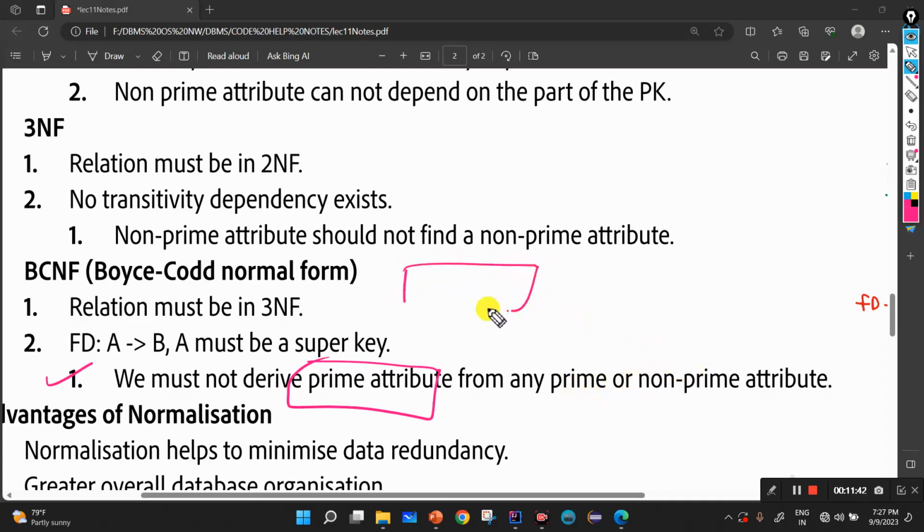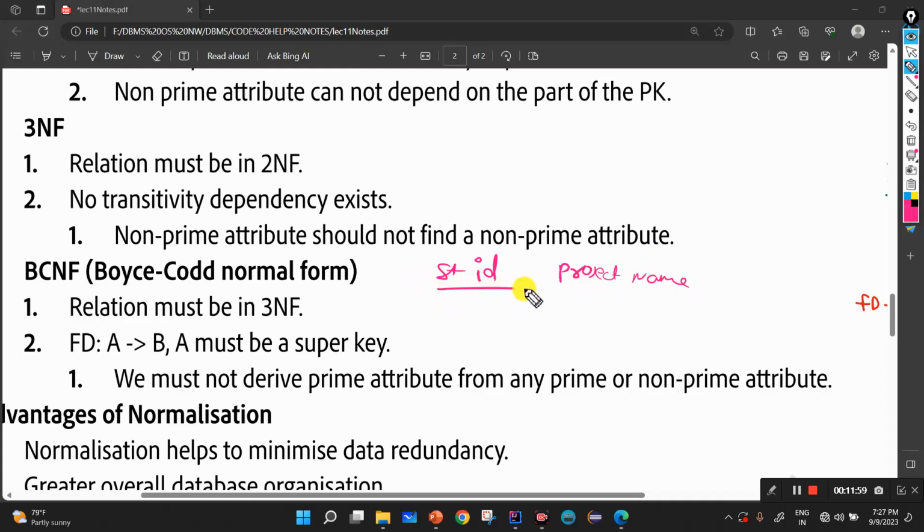What are prime attributes? Let's suppose there is a student ID and a project name. Student ID alone is not a prime attribute; both combined form a primary key.